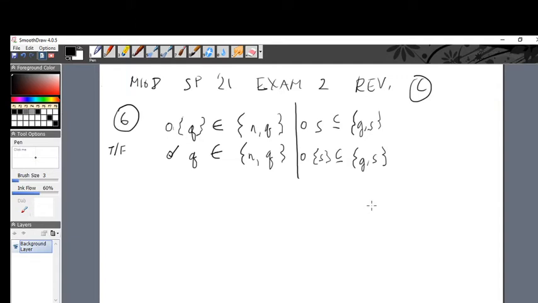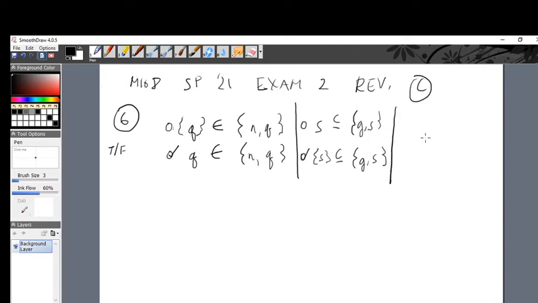We talked about all that. But anyway, if you use this symbol, it only goes with sets, not with elements. So therefore, this is the only true statement. This is not a true statement. This is saying S is a subset of G and S, but it's not. It's an element, so it's not a subset. So you can't pick true for that.